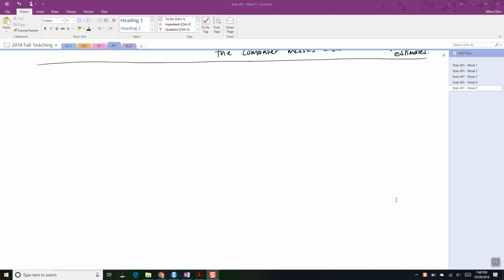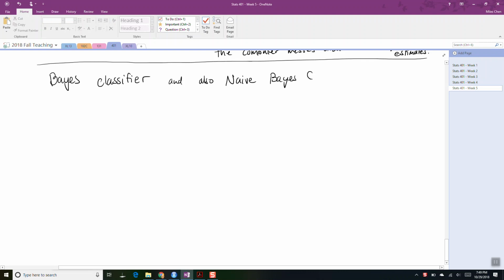Okay, so I want to talk about some other classification methods. This one, I haven't found a good textbook online that covers the Bayes classifier and also the naive Bayes classifier.